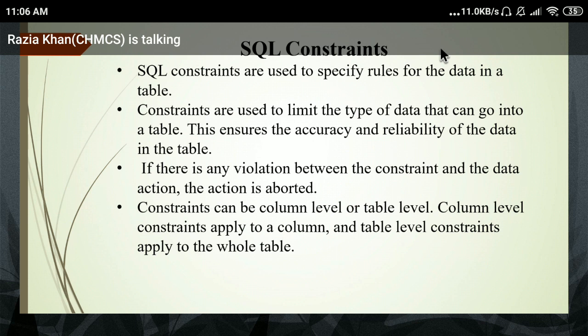For example, if you are not using a number data type in the ID column, maybe the user enters characters in the ID column. User can enter any type of data in your table. So for managing the data perfectly, you have to apply some rules. Using constraints, you can apply some rules. Clear everyone?